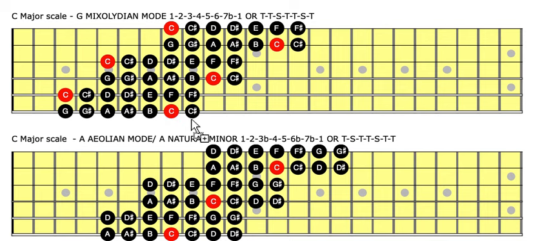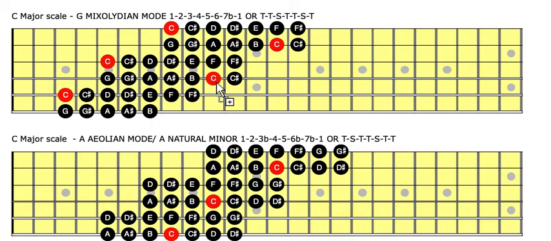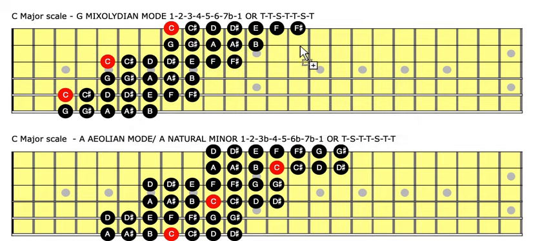Now let's remove the notes that are causing a sequence to happen, because there is a sequence there. We are repeating that, so let's remove that.